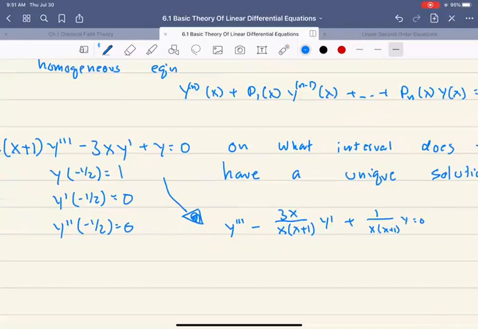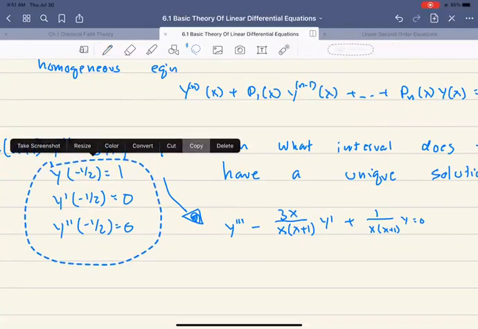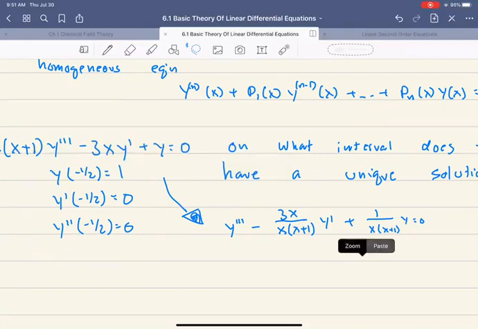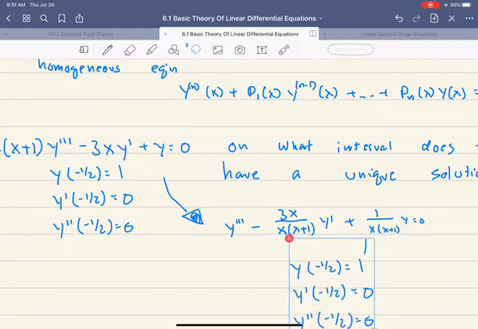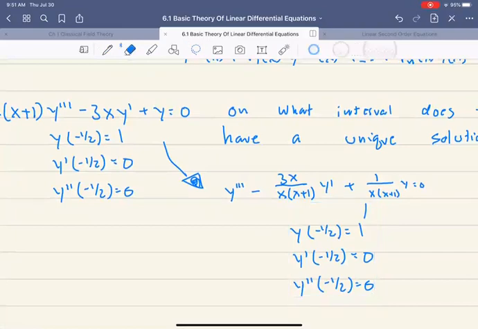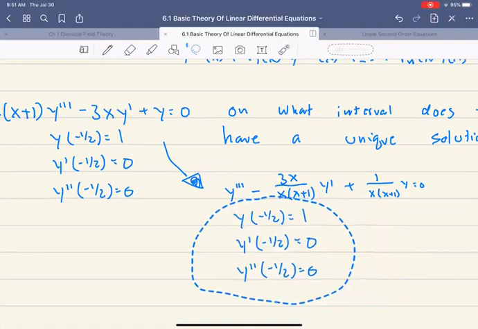Same initial conditions, so let me copy those down.